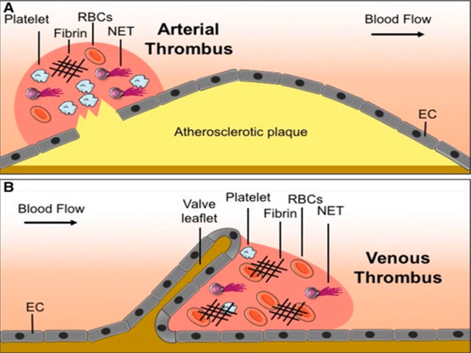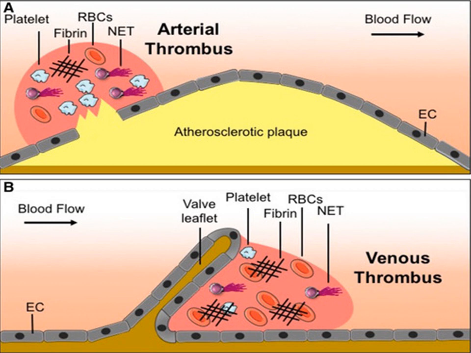This is a picture showing the arterial and venous thrombus. If we look at the arterial thrombus, it is growing in a retrograde fashion, that is against the blood flow, while the venous thrombus is growing towards the blood flow. And again, have a look at the composition of both of these thrombi. The arterial thrombus contains few red blood cells, while the venous thrombus contains numerous red blood cells.